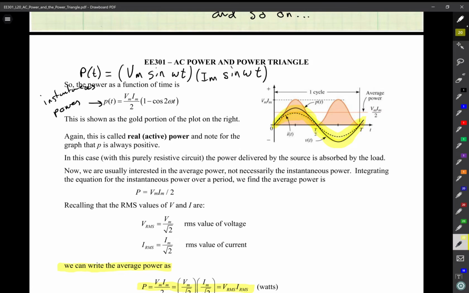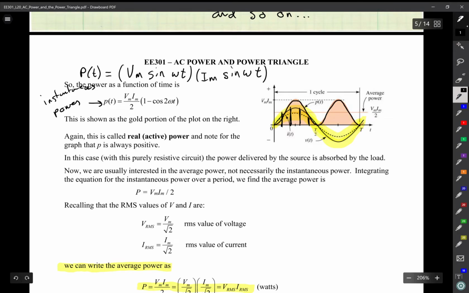And if at any instant in time I multiply current and voltage, I'll see that I'll have a positive value where they're both positive, and also a positive value for when they're both negative, because I'm multiplying the two together. What this yields is a power that looks almost like it's pulsating, up and down like this.